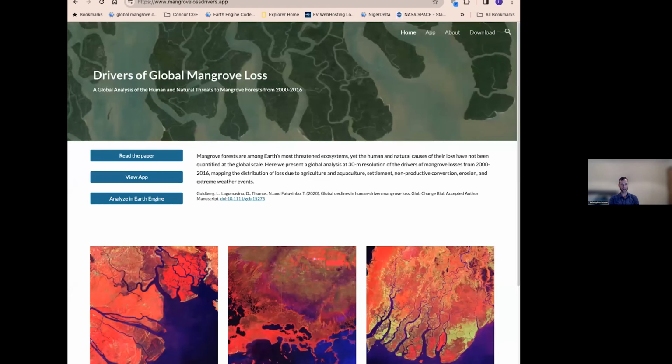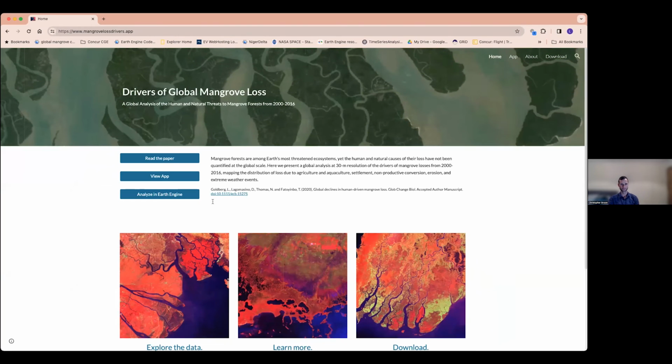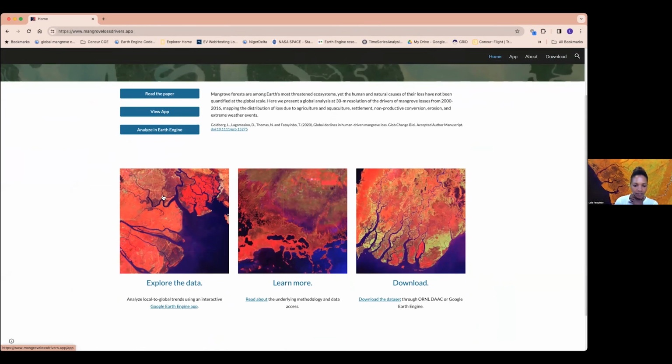Yeah, so for background, as I understand it, the drivers data is looking at other data sets like distance to roads and so forth to help with the classification of what's the cause of the mangrove loss. Yeah, so if you go to this app, mangrovelossdrivers.app, you can find the paper, the app, or you can look at the data yourself in Earth Engine.